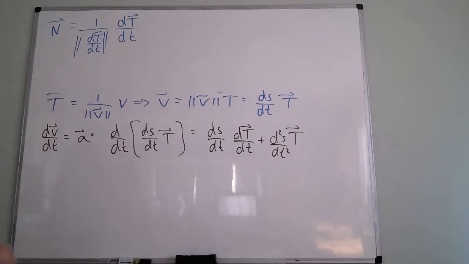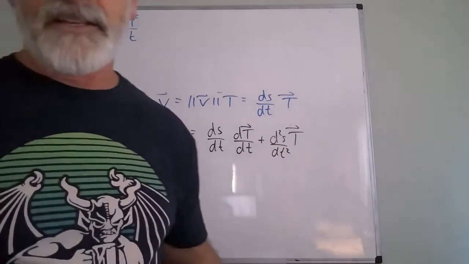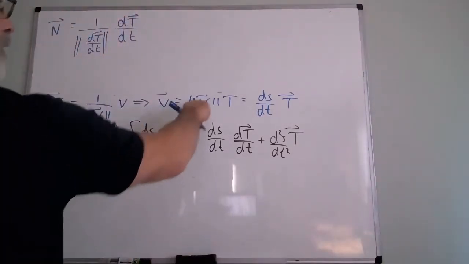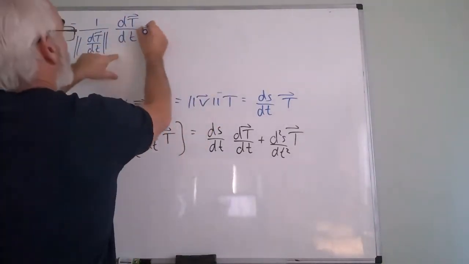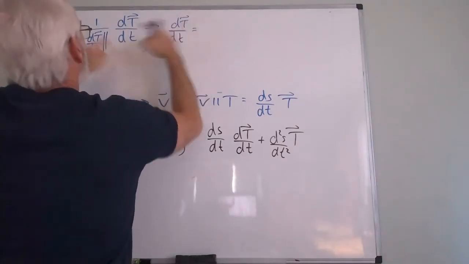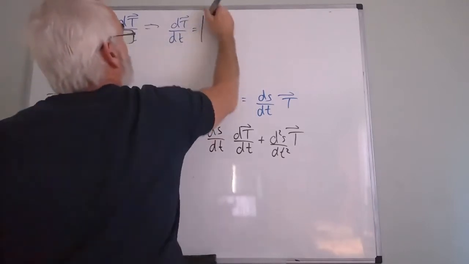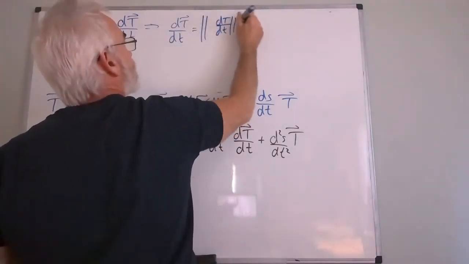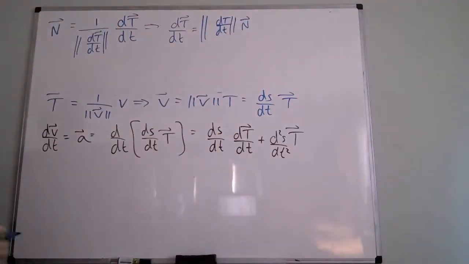So then what does that make dT? Doing like what we just did a moment ago, this guy here is magnitude dT times the unit normal.